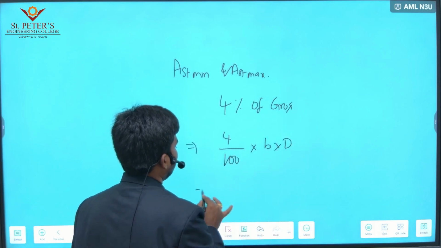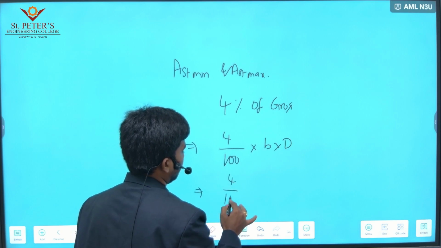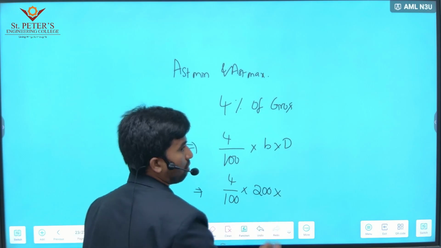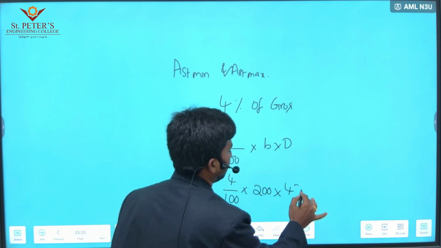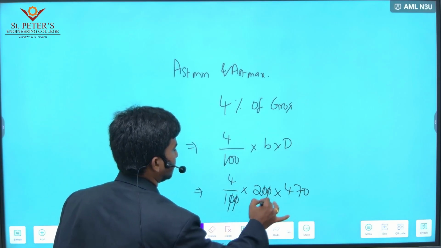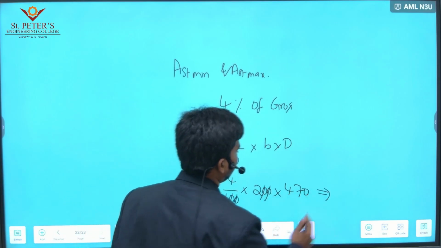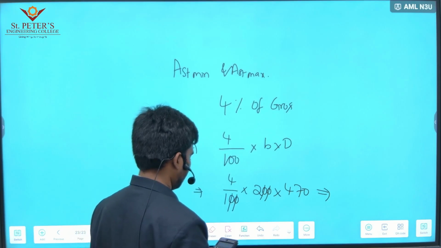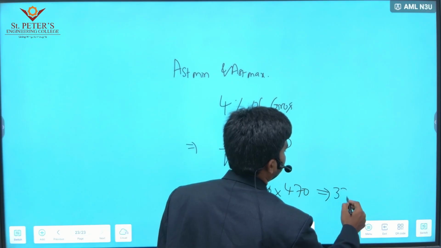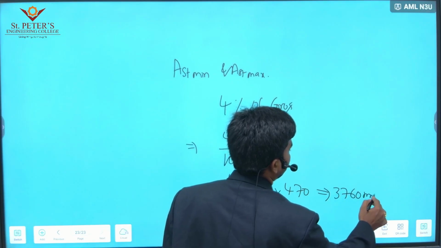We are assuming overall depth 470, so 4 by 100 multiply with 200 and 470. Here 0 gets cancelled. The value is 4 with 470, up to 3760 mm square.